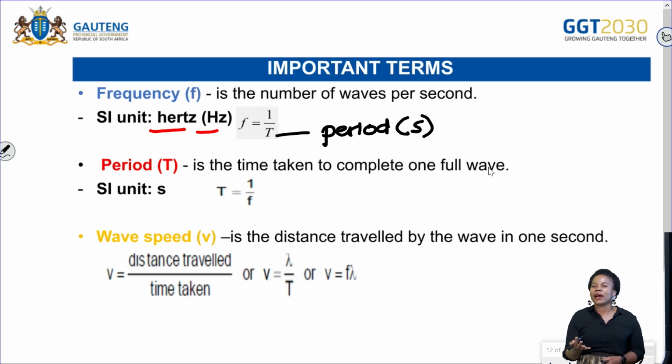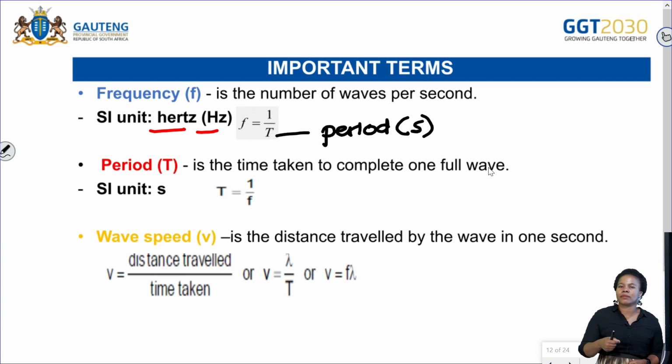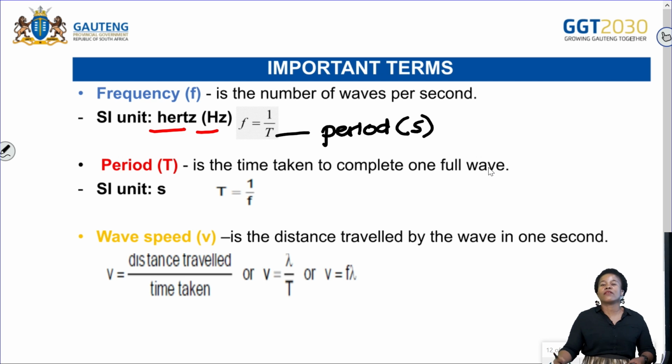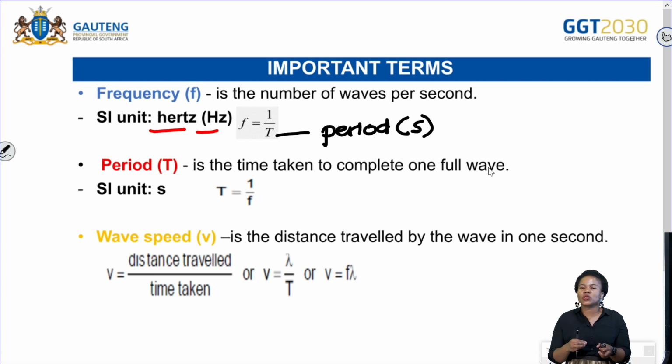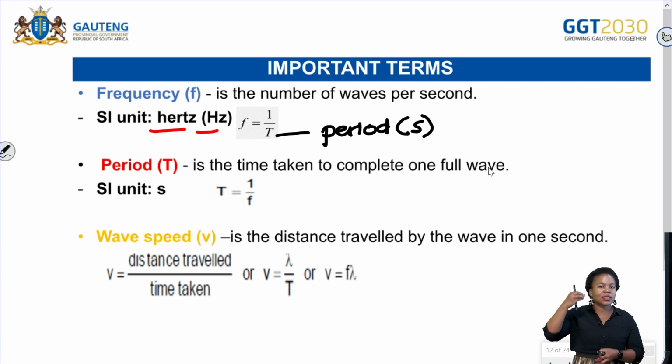Period by definition is the time taken to complete one full wave. What was the time taken to complete it? Mind you, one full wave has to consist of a crest and a trough. A crest, a trough, we say 1. A crest, a trough, we say 2. A crest and a trough.